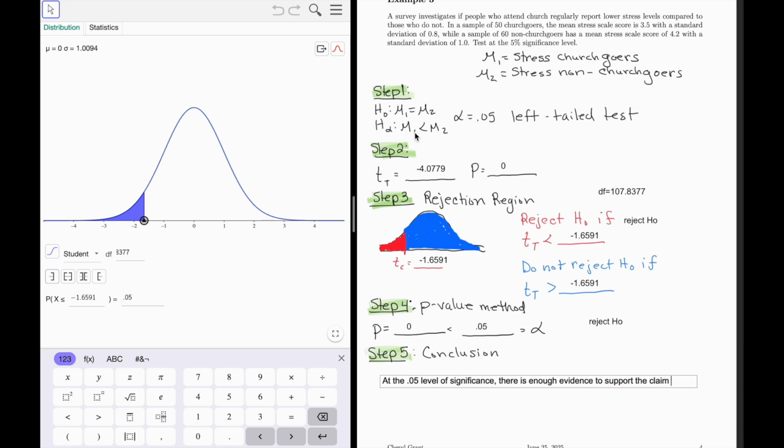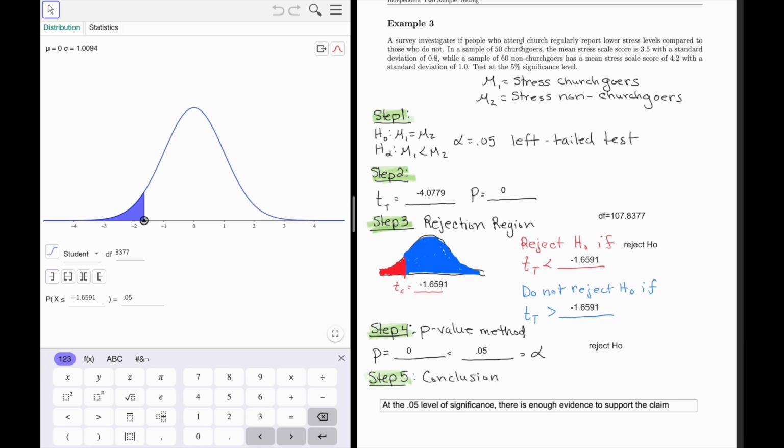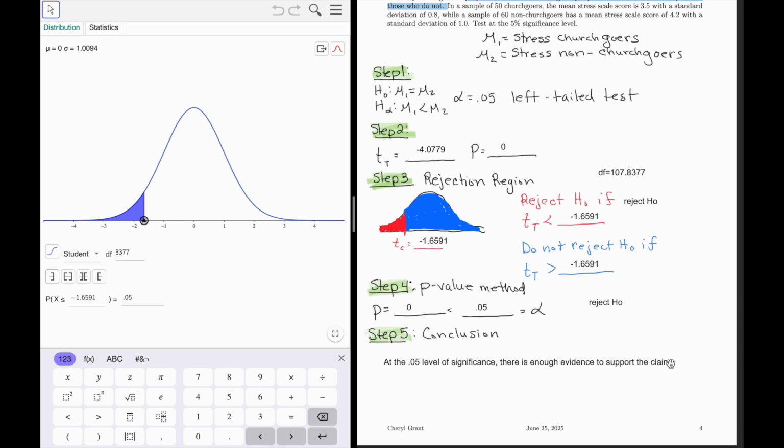The alternative hypothesis is that the stress of churchgoers is less than the stress of the non-churchgoers, so that is our alternative hypothesis. I'm going to copy that from the question to save me some typing. So at the 0.05 level of significance, there is enough evidence to support the claim that people who attend church regularly report lower stress levels compared to those who do not.